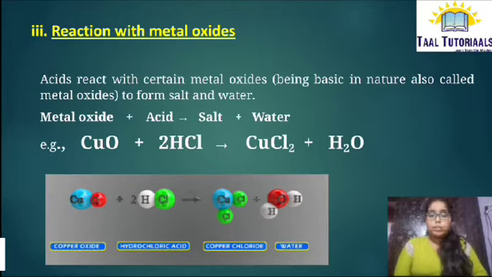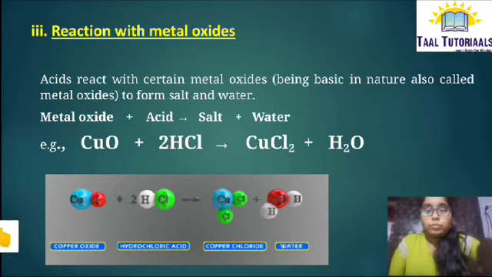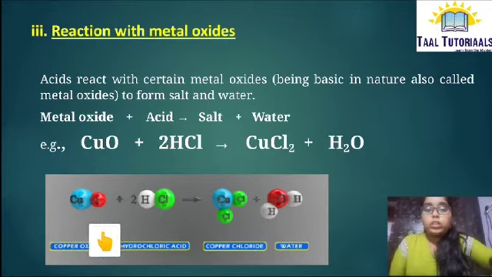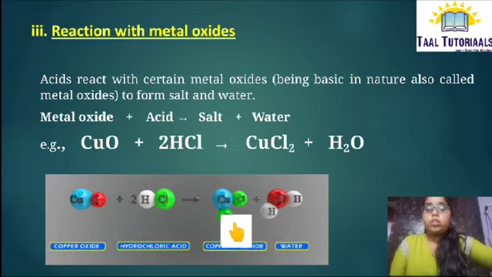Now, metal oxide plus acid gives salt and water. Here is an example: copper oxide plus hydrochloric acid gives copper chloride and water. Okay. See, here is a picture. You can see copper oxide and hydrochloric acid. You are getting copper chloride and water.